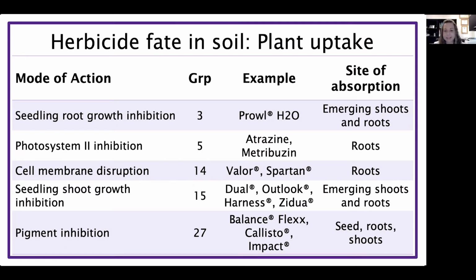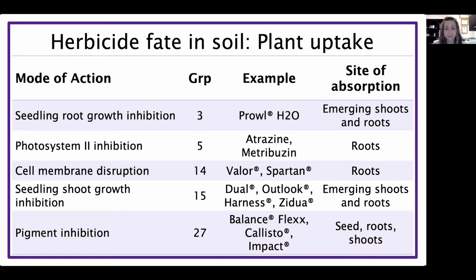Different herbicides, even though they're all considered residual herbicides, are absorbed by plants differently. And this is one of the things that helps to determine how that herbicide is going to work and what weeds it's going to kill. So in this chart here we've got different herbicide modes of action, the site of action groups associated with that, some examples of products, and how those various herbicides are taken up by weeds and other plants.